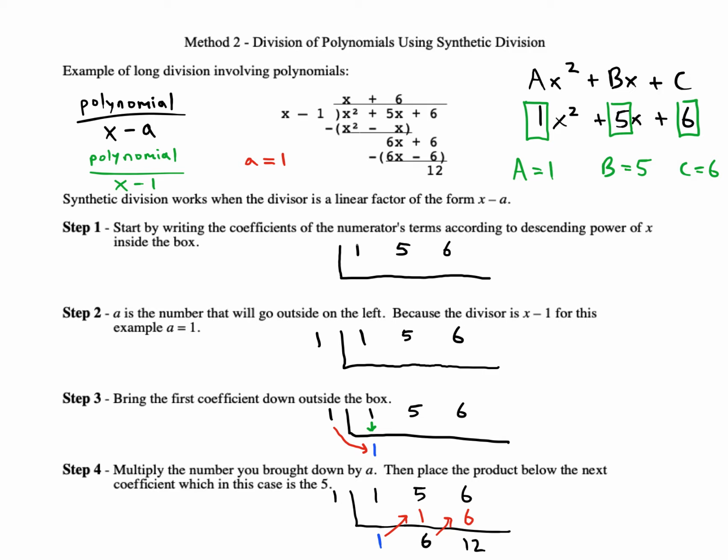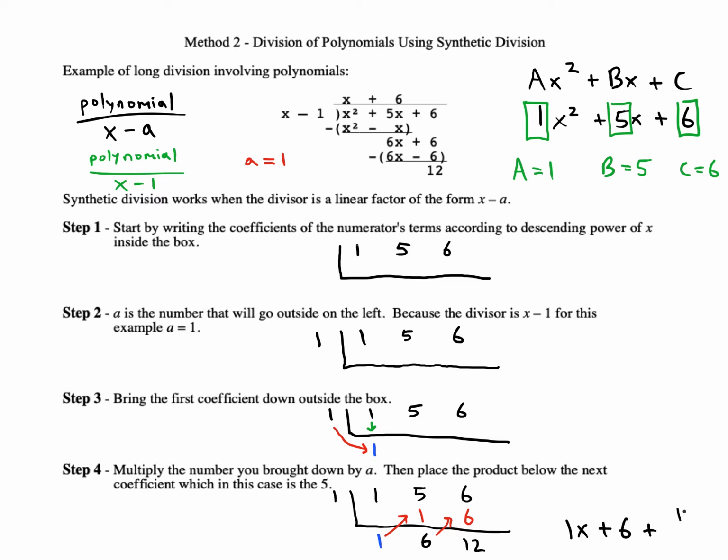And so to interpret this final result, we want to let our first constant have a power of x that is 1 less than we started with. So we started with x squared. So this 1 is going to get attached to just regular old x. So it's going to be 1x. And then this 6 will not be attached to an x. It'll just be itself, plus 6. And our 12 is a remainder.